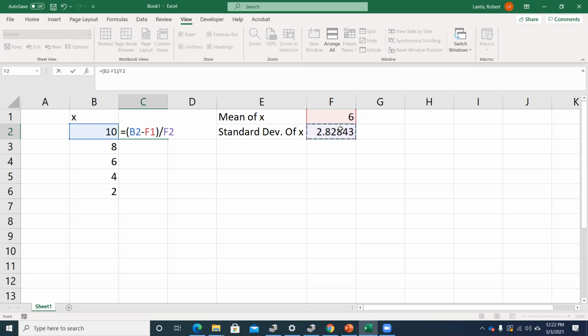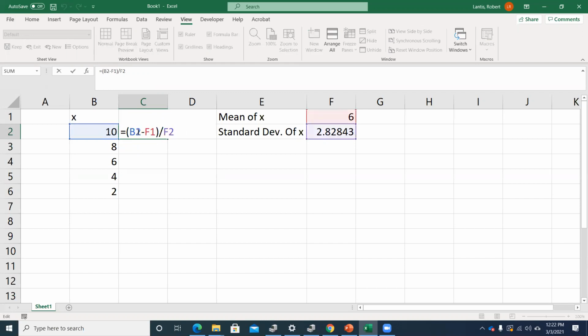This is simply converting that value of x, that value of 10, into a z-score. How many standard deviations away from the mean is that value of 10? We get a z-score of 1.4, which means 10 is 1.4 standard deviations away from the mean of 6.